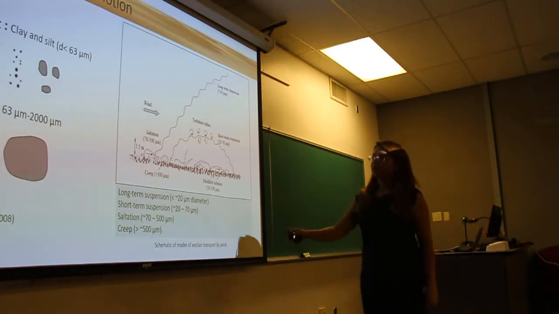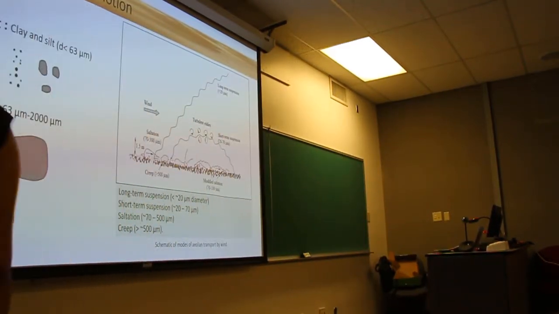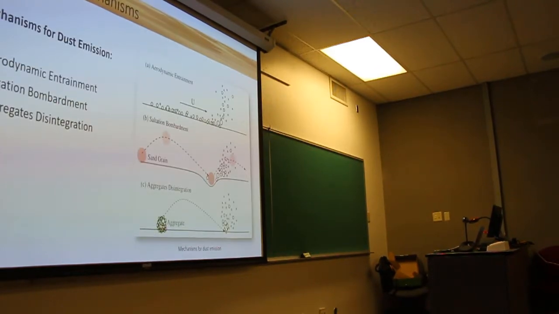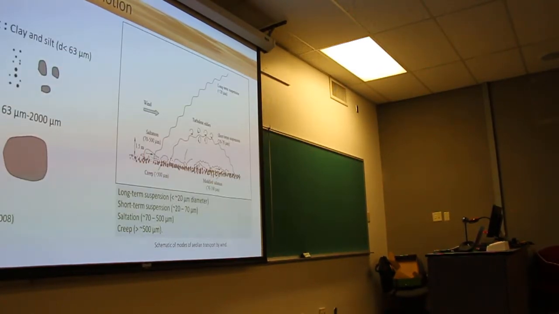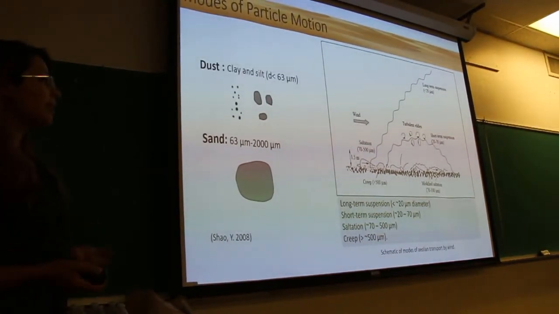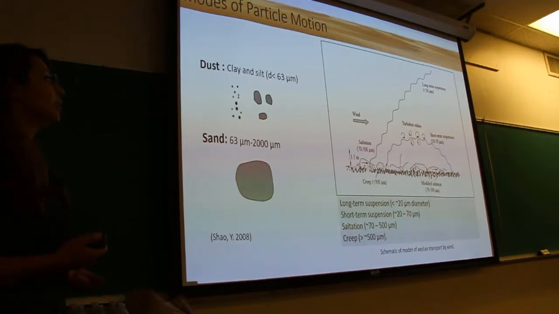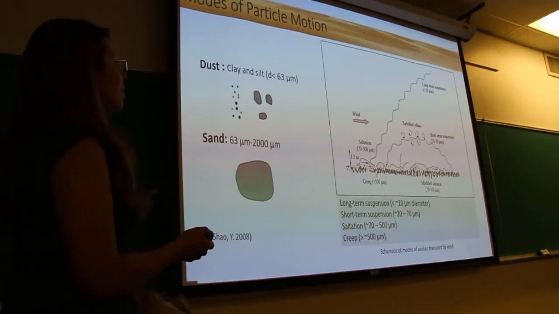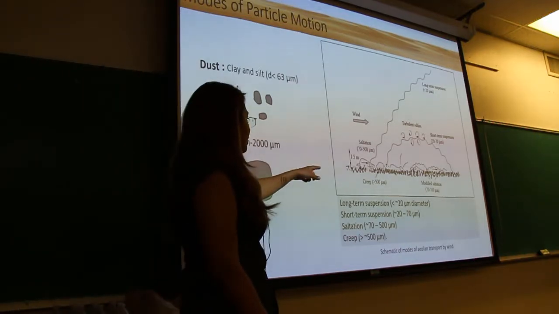But according to Shao 2008, we usually call particles with diameters less than 63 micrometers, which are mostly clay and silt, dust, and particles with diameters between 63 and 2000 micrometers sand. Depending on their size, the particles usually adopt different modes of motion in the atmosphere: suspension, saltation, and creep.